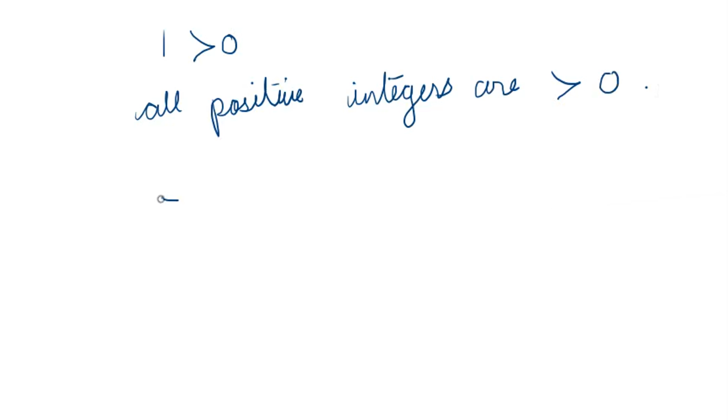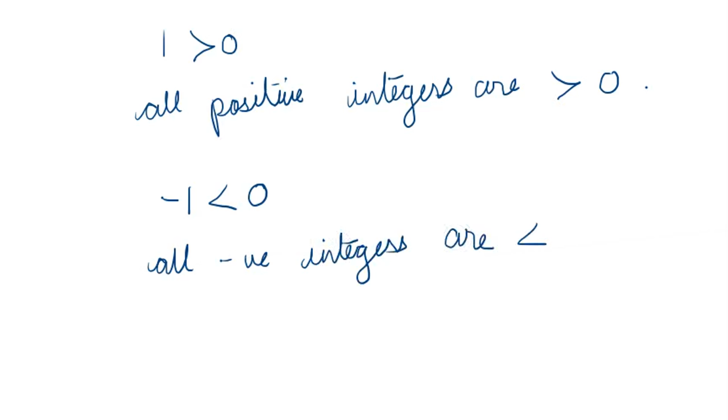So when you have minus 1 is less than 0, how can you conclude that? All negative integers are lesser than 0. So these two are important notes which you will have to remember about integers.